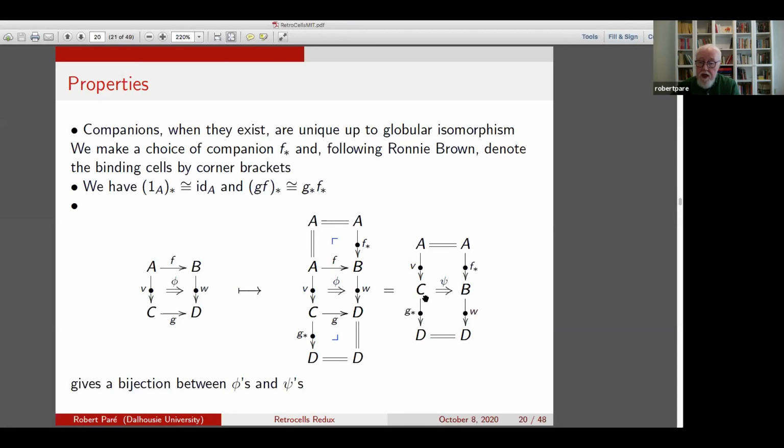And what you get then is a globular cell from G star composed with V into W composed with F. And this is, in fact, a bijection, because now you can just stick binding cells here, and it goes back.